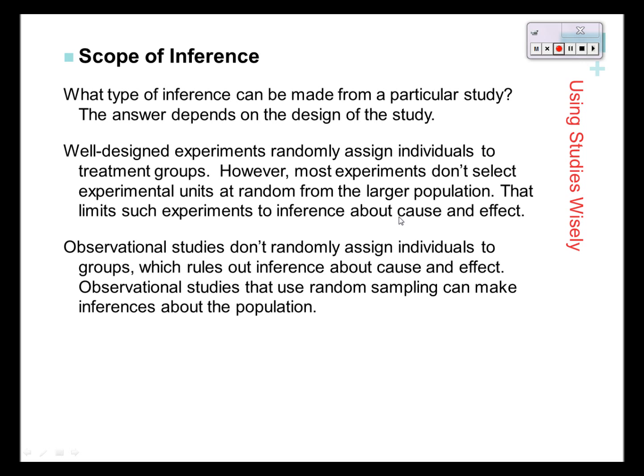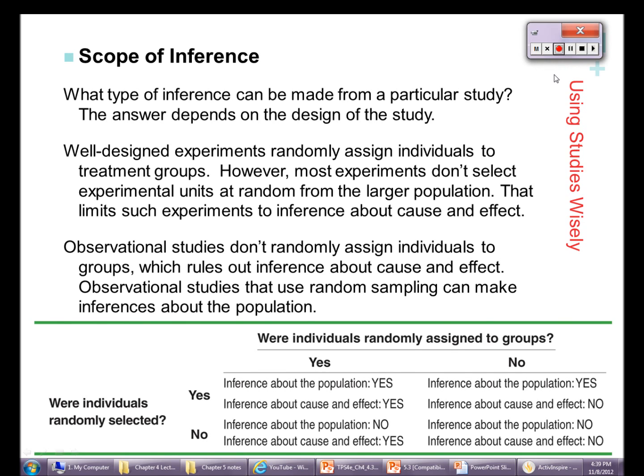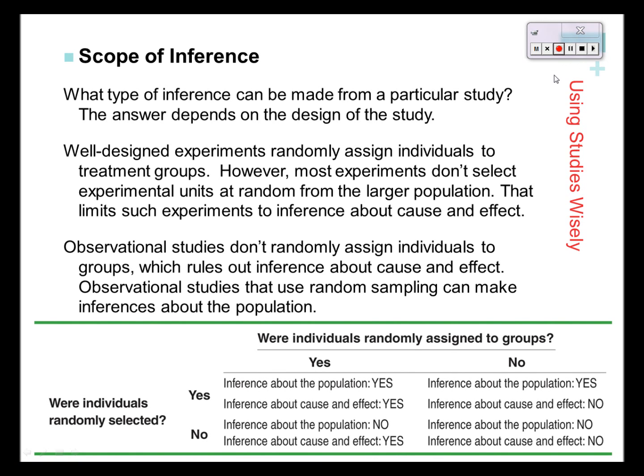Experiments don't always yield the exact results either, but at least it's more likely to find that cause and effect relationship due to a certain treatment. And a little chart shows whether individuals were randomly assigned to groups, yes or no, and whether individuals were randomly selected, yes or no, and how these overlap each other.